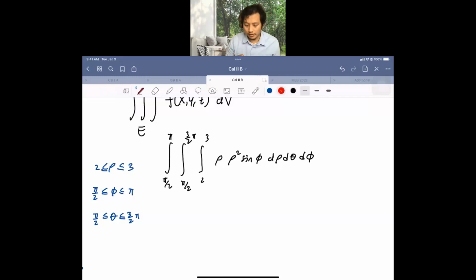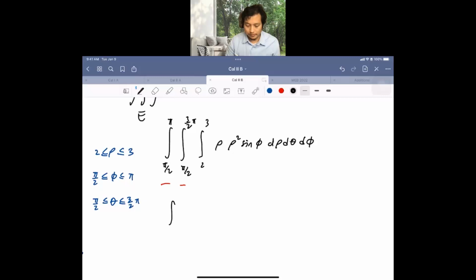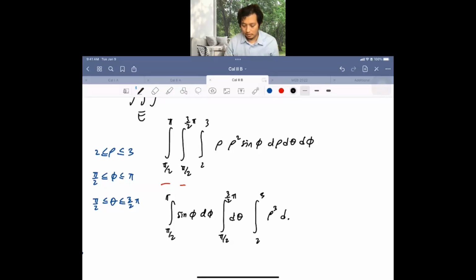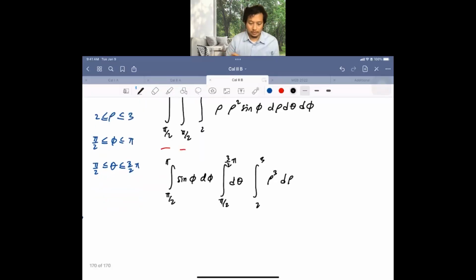Since all are constant, we can separate each variable. So we can have, okay, this will be negative cos theta.